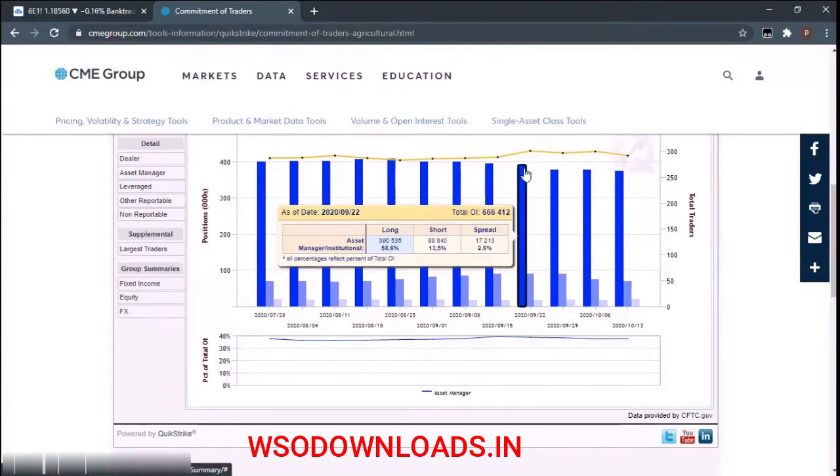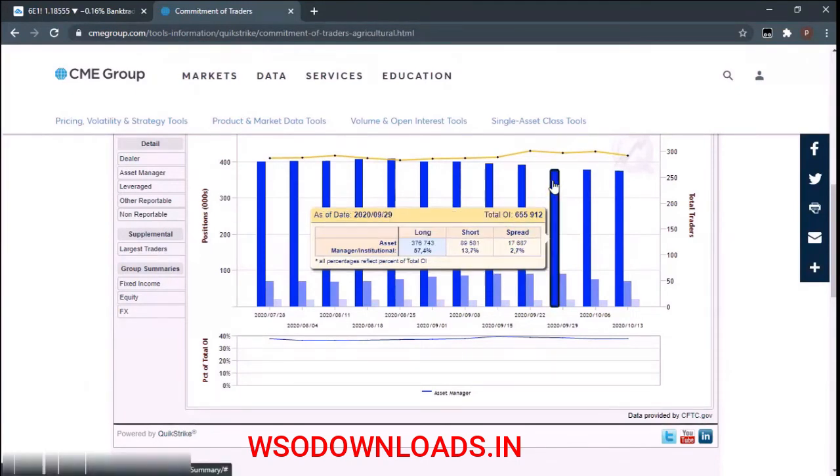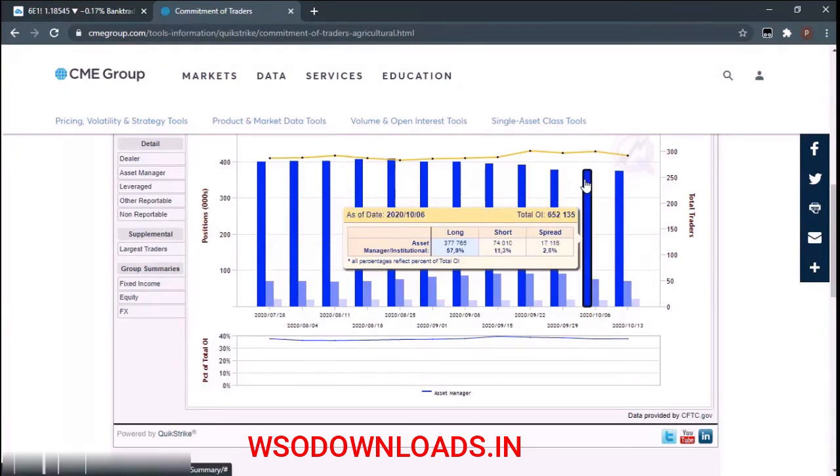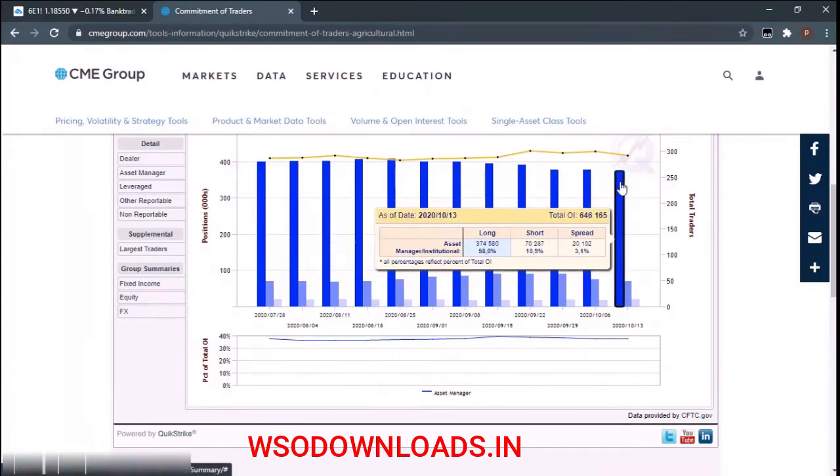So we were at 319.5K long positions, and then we dropped to 376, and then we rose from 376 to 377, and then we dropped again to 374.